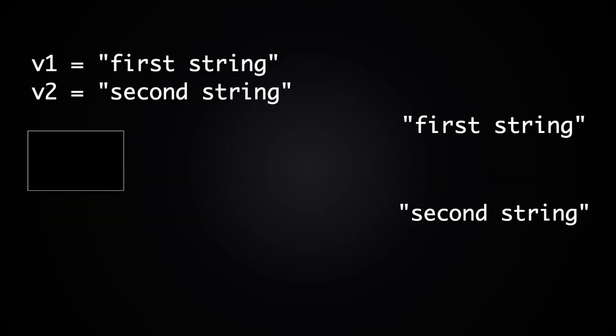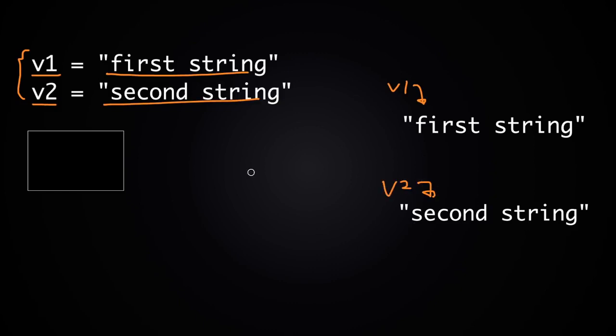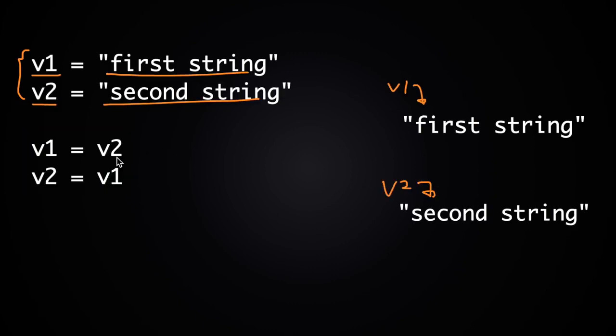When you see this problem, you might say, well, it's actually pretty simple. Once we have v1 equal to first string and v2 equal to second string, so that's v1 referring to this string and v2 referring to this string, we can just write v1 equals v2 and then v2 equals v1, and we're done.